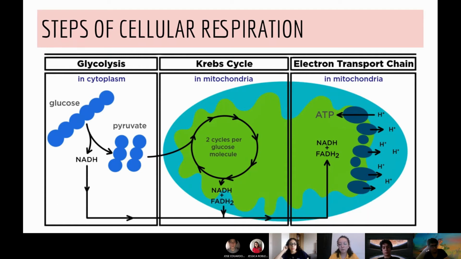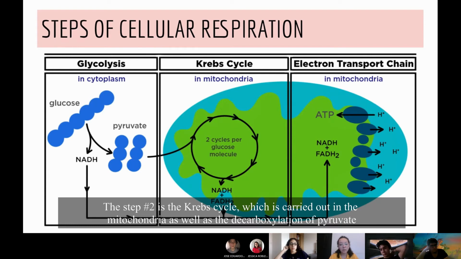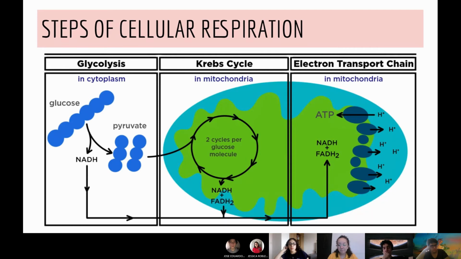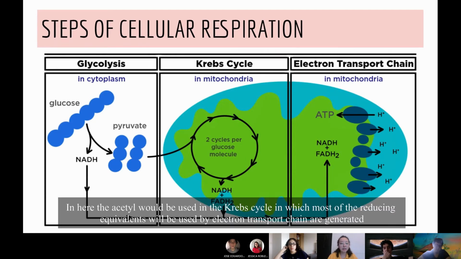Then step number 2 is the Krebs cycle, which is carried out in the mitochondria, as well as the decarboxylation of pyruvate. Here the acetyl will be used in the Krebs cycle, in which most of the reducing equivalents used by the electron transport chain are generated.